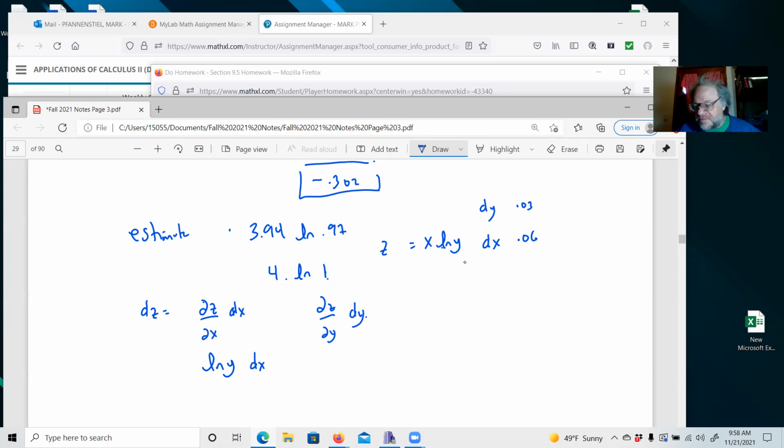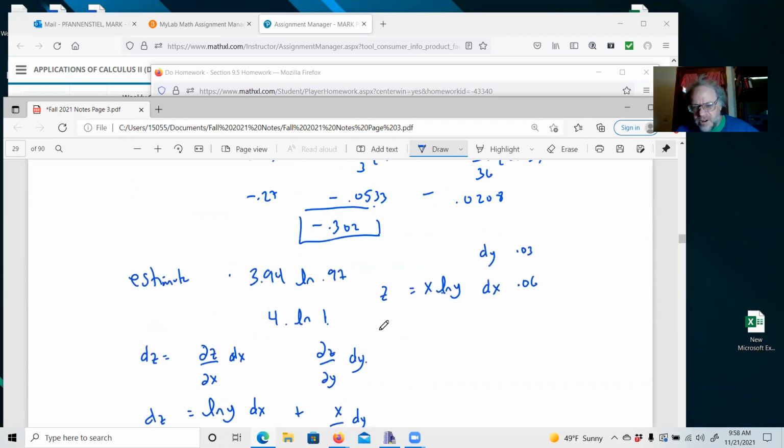So taking the derivative, there it is. Now with y, the x is a constant. What's the derivative of natural log? It's 1 over y, right? The derivative of natural log is 1 over, and then dy, and this is going to be equal to dz. There's a plus here.